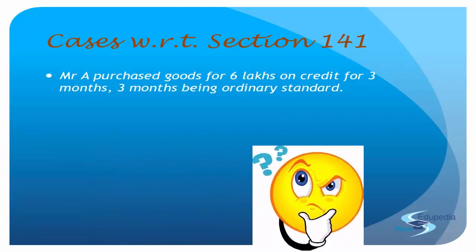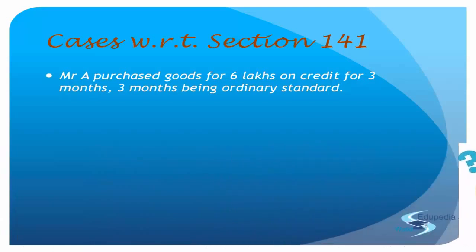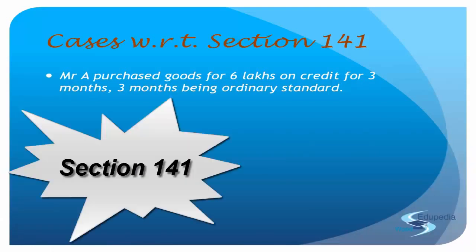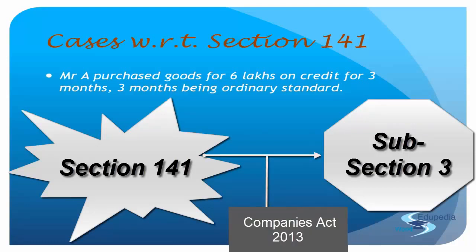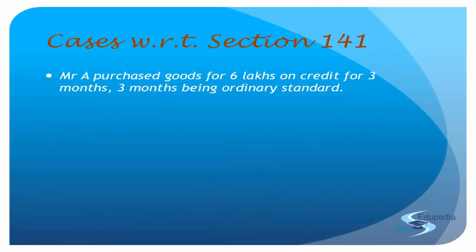So first of all, what you need to understand is the limit. That is the first point that you will check. As per section 141 subsection 3 of the Companies Act 2013, the limit of indebtedness, as I shared with you in the last lecture, was not exceeding 5 lakhs. Any amount that exceeds 5 lakh rupees will result in the disqualification of the auditor.